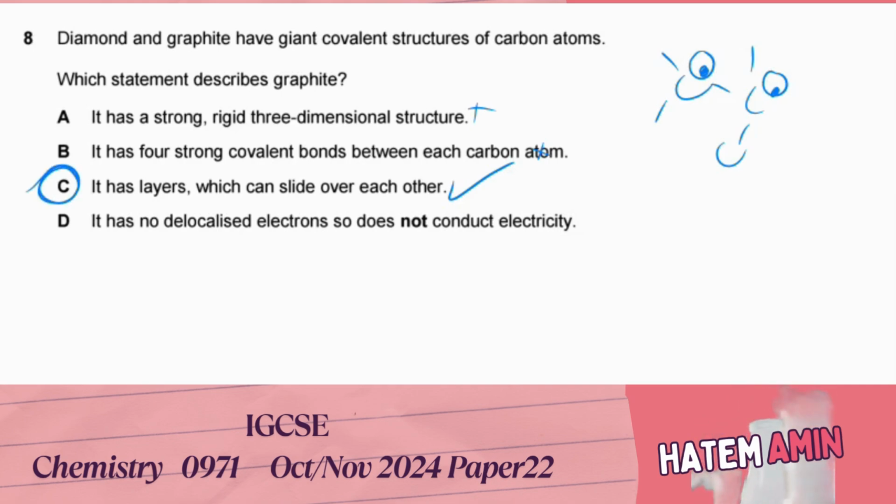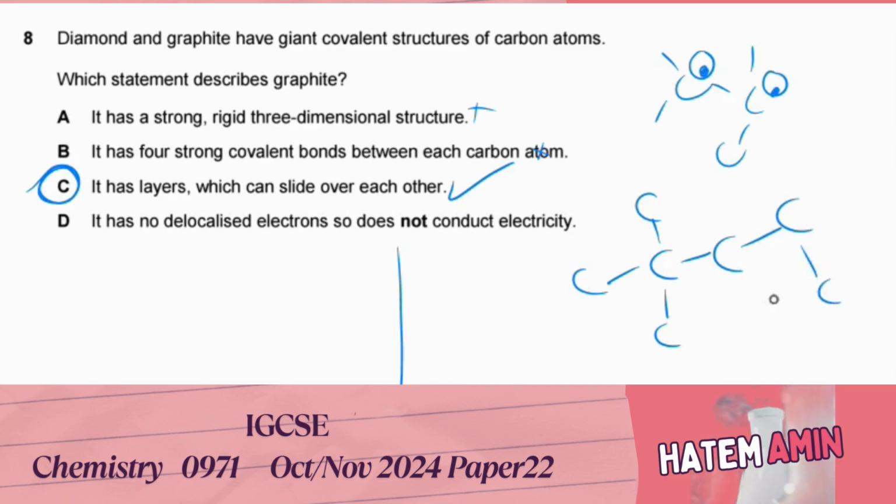So the difference between graphite and diamond: as we said, diamond has this shape of bonding. It has four bonds like that, and each carbon has four covalent bonds between it and the neighboring carbons.